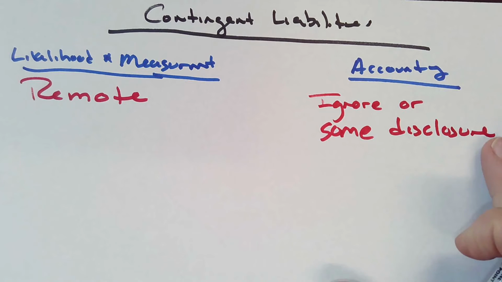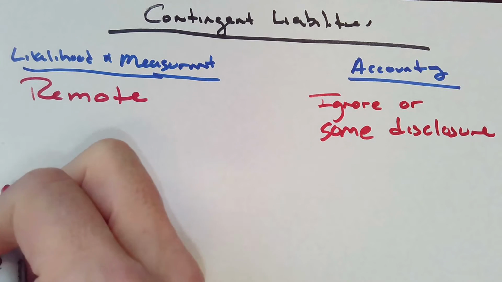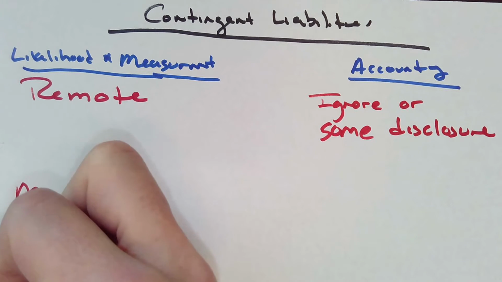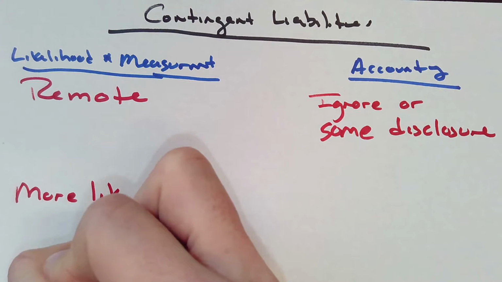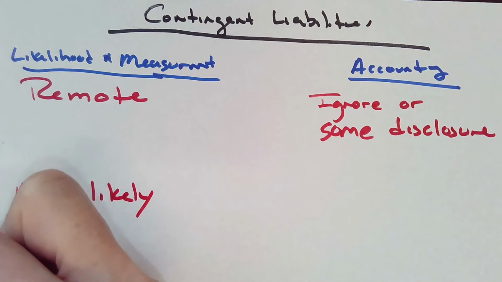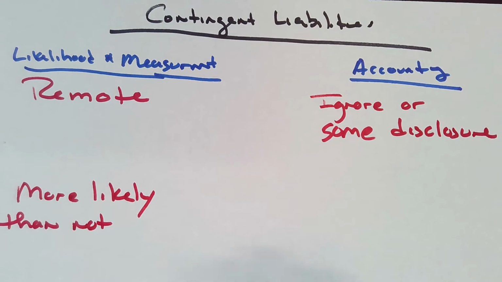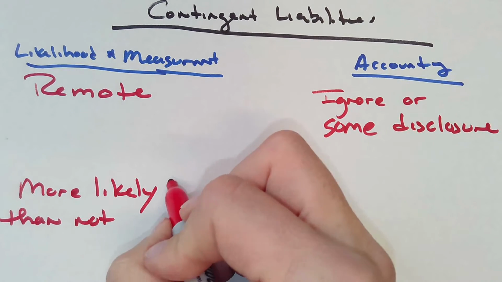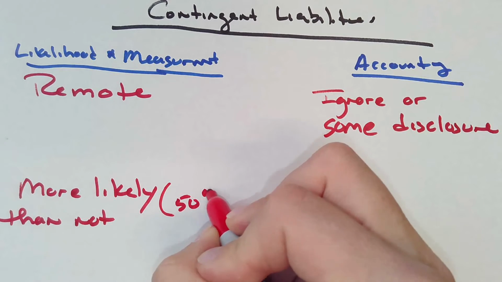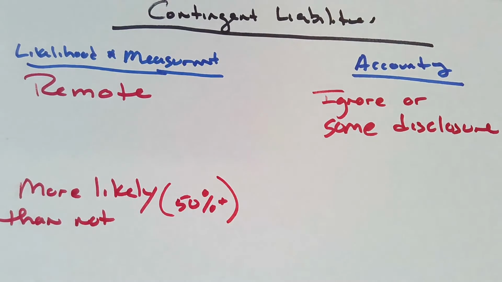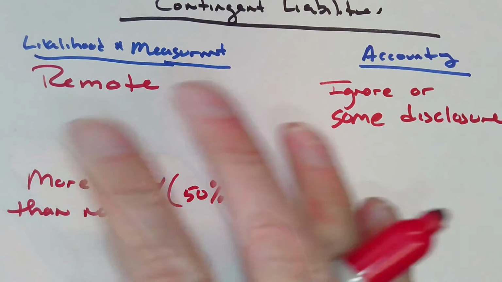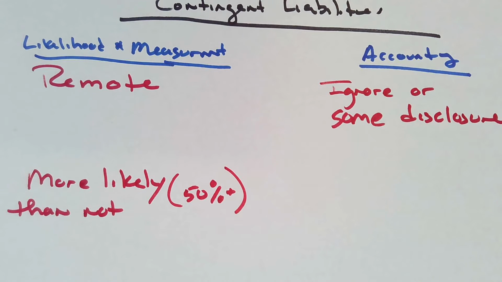If you believe that the likelihood is more likely than not, and if you wanted to try to attach a percentage to this, I'd say 50% plus. Not all the way to 100, but 50% plus, around that.